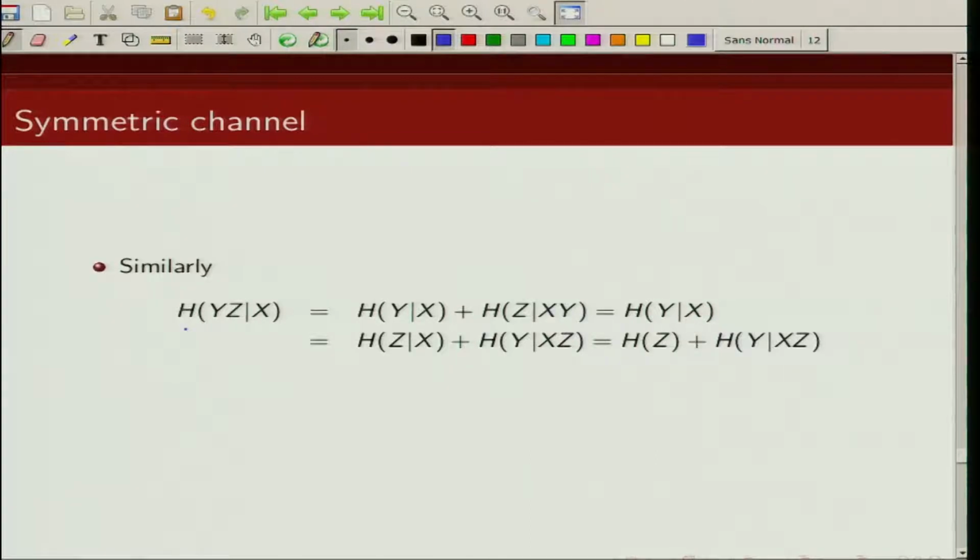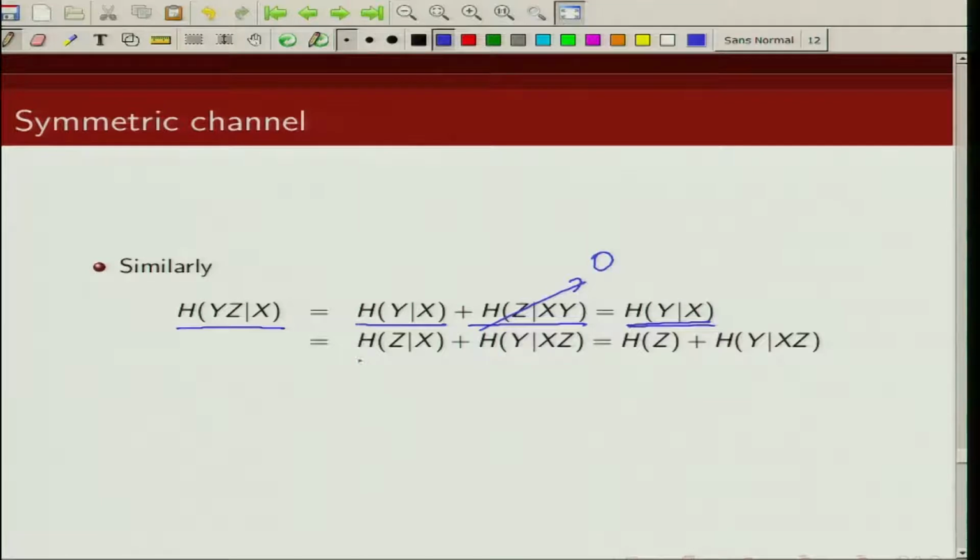Similarly, I can write uncertainty in yz given x as, using chain rule, uncertainty in y given x plus uncertainty in z given x and y, and as I said, given y there is no uncertainty in z, so this term is 0. So this can be written as uncertainty in y given x.